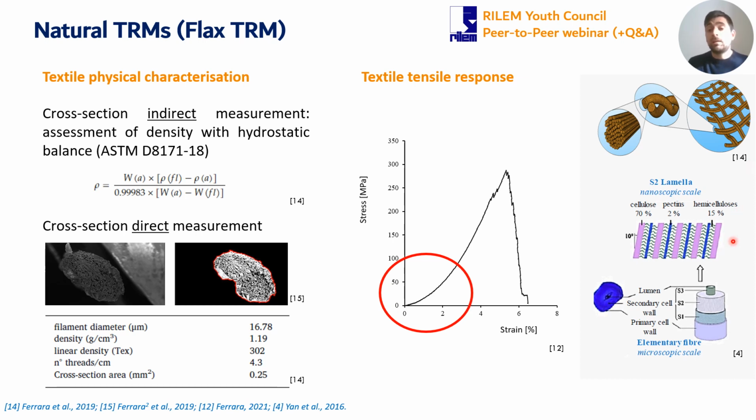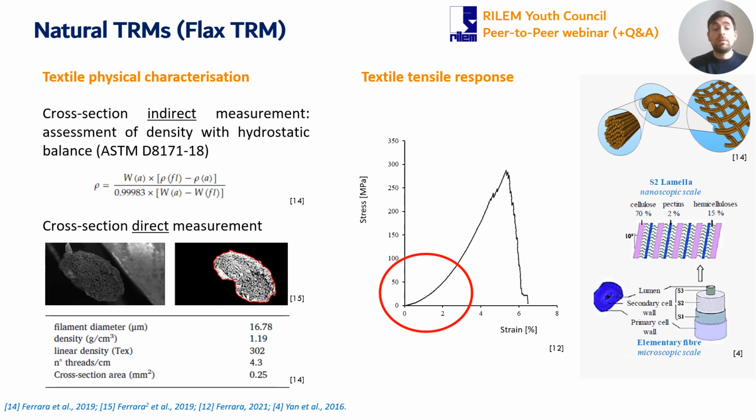The other is mainly due to a local, microscopic characteristic of these fibers, whose main components are not directly aligned with the tensile direction, and this also contributes to this particular behavior.